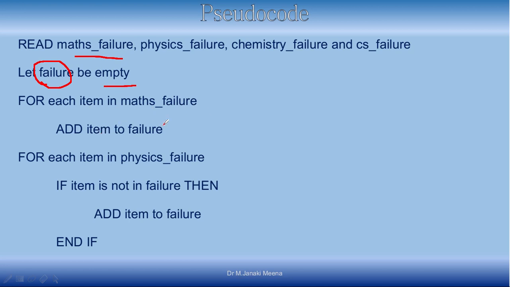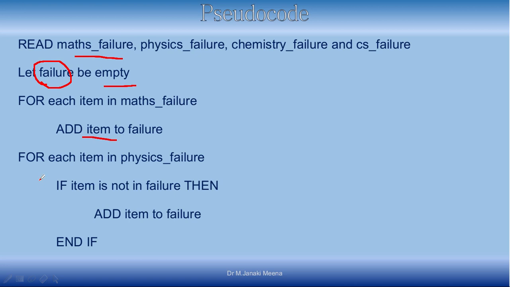So this failure is going to hold the list of all failures in the examination. First we take the maths failure set or list. From that we are going to add the items, because that is the first list. So we can add all the items in the maths failure into the failure list.